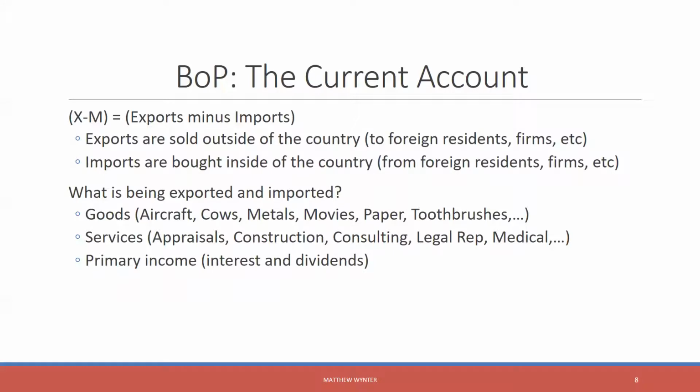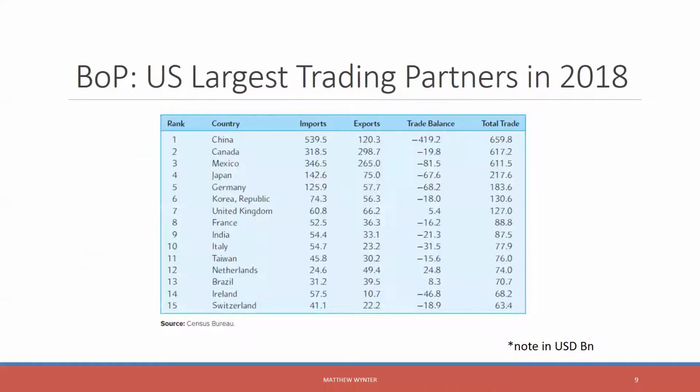We also have services. The export and import of services is growing incredibly important, especially in the US and in the UK. And when I say services, I mean anything from consulting to medical services to legal representation. And then lastly, we have primary income, the interest and dividends that we mentioned earlier. And this is interest and dividends that are earned on investments that were previously made.